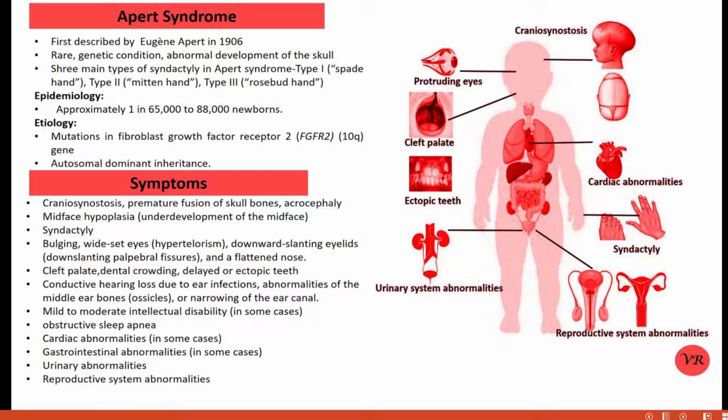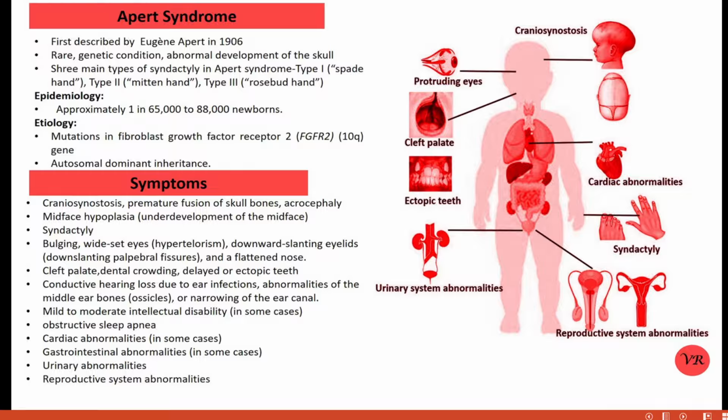Apert syndrome diagnosis combines clinical findings like fused skull bones, that is craniosynostosis, and mittened hands and feet with genetic testing for FGFR2 gene mutations, often confirmed via CT or MRI scans showing skull and facial issues and supported by prenatal ultrasound.